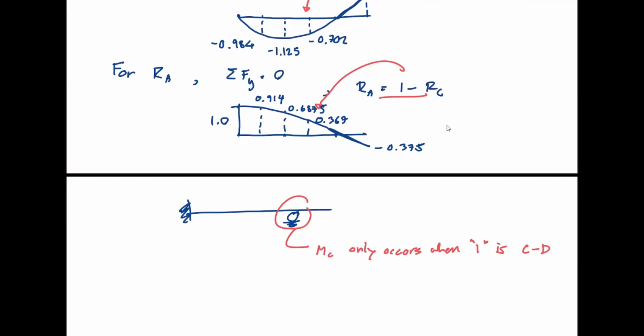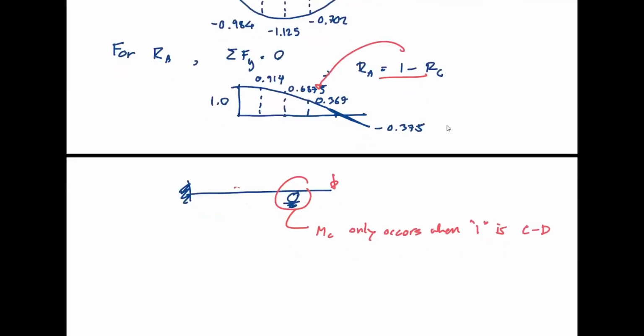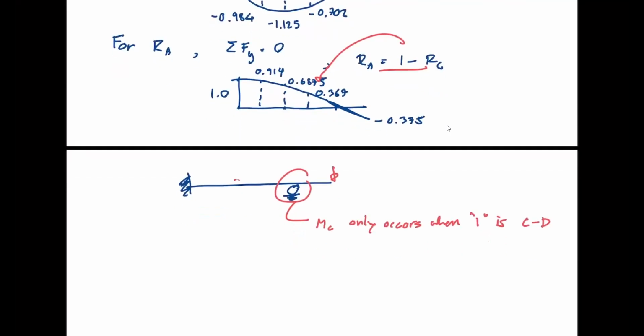Because when your unit load is here, how can you have moment at that location? You have to put the unit load here so that you have moment. So this guy has nothing to do with the previous calculation at all.